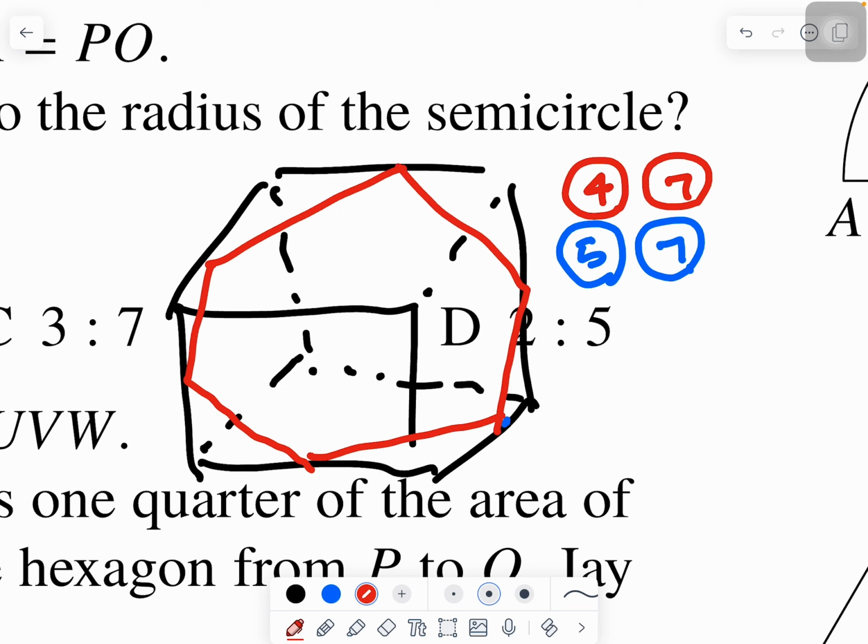This is also a hexagon, which is a plane. So in this case, if I cut it like that, this part is the smaller one, and that part could be the larger one. So the smaller one could be half. It's so confusing.